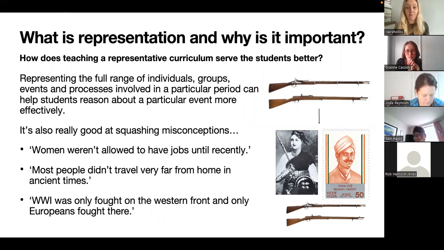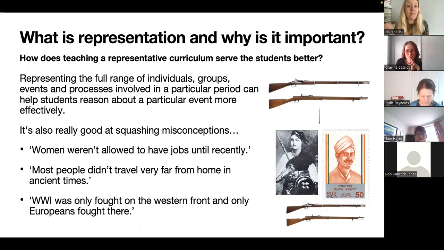Firstly, it gives them a much more accurate and complete picture about what is happening in a particular period. So the students in that second lesson had a much more detailed idea about what's actually going on in India in 1857 by learning about the stories of people who've been left out of the accounts that they'd initially been presented with.